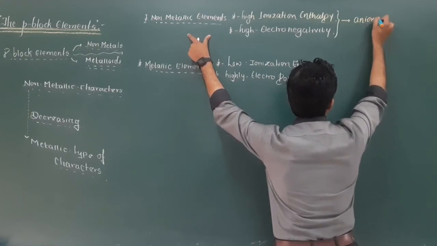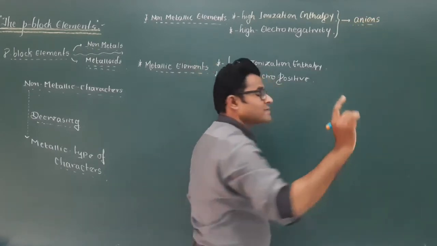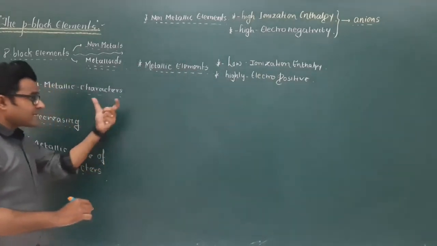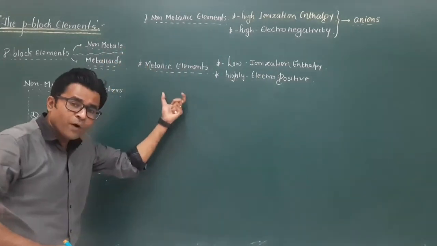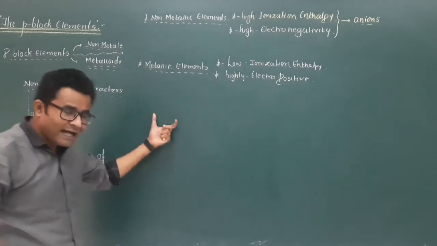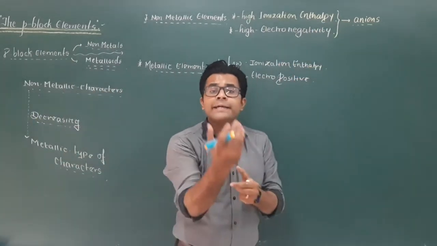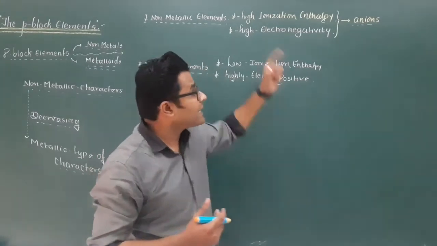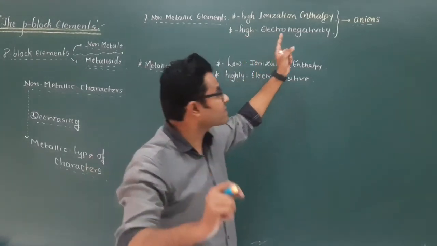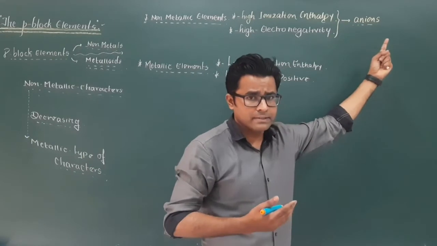Because of this, the non-metallic elements have a very good tendency to form anions. That means the elements existing at the top of those groups have a tendency to accept electrons and get converted into negatively charged species, which we call anions.